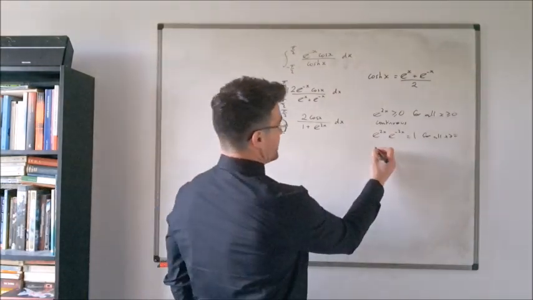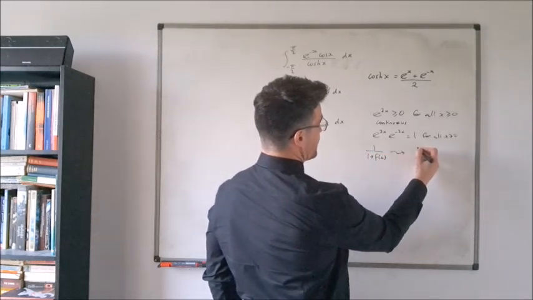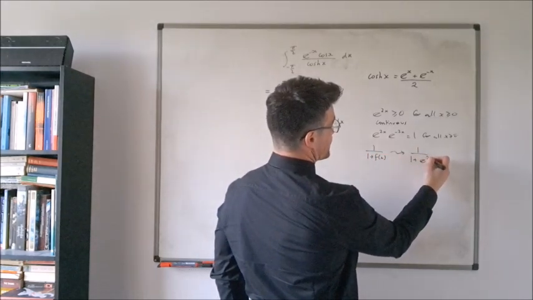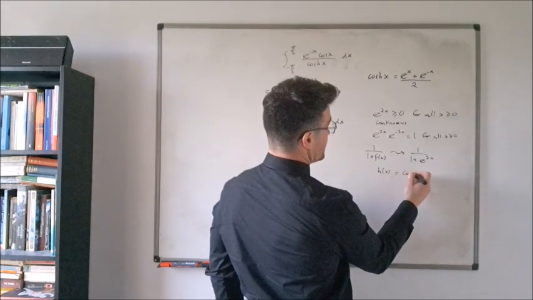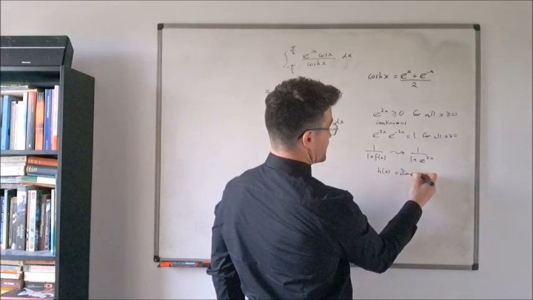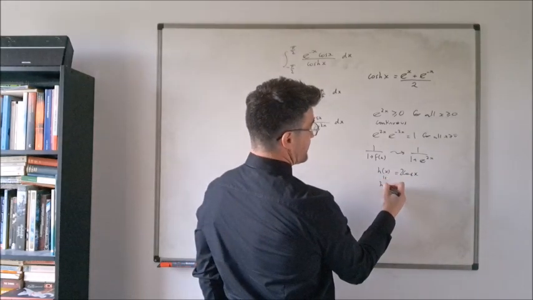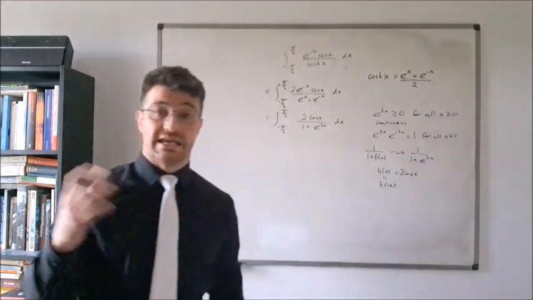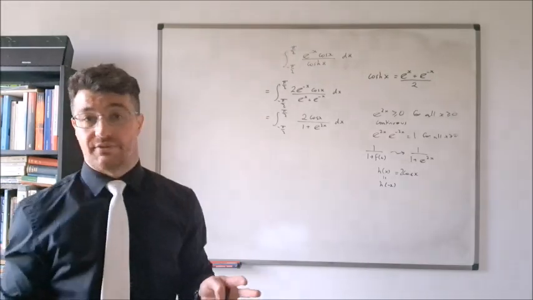So if I think about 1 over 1 plus f of x as, in this case, being 1 over 1 plus e to the 2x, and h of x as being equal to 2 cos x. And notice that h of x is equal to h of minus x, because cos x is an even function. Okay, so everything's starting to fall into place now.